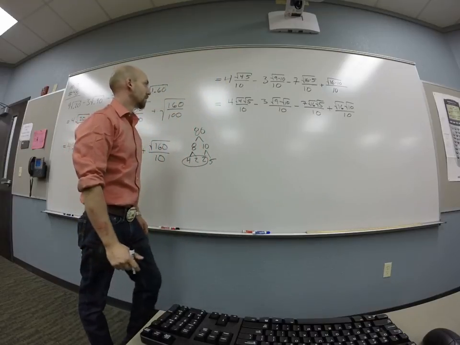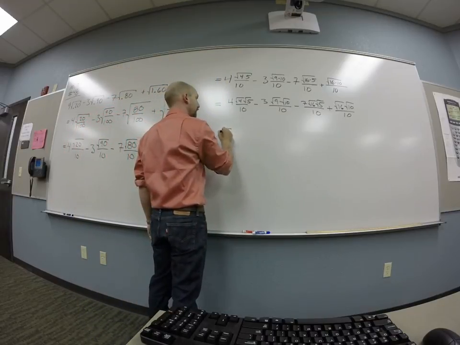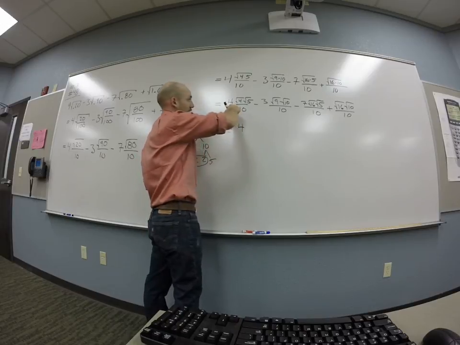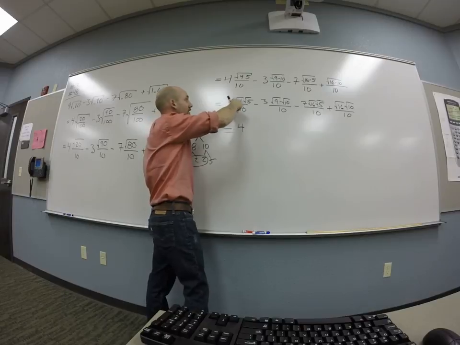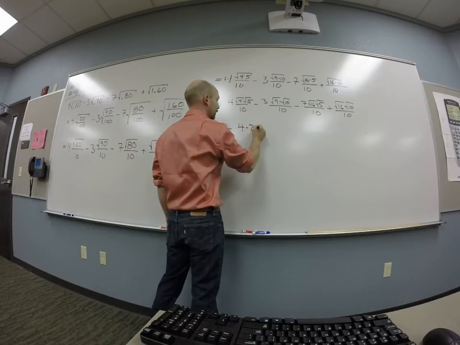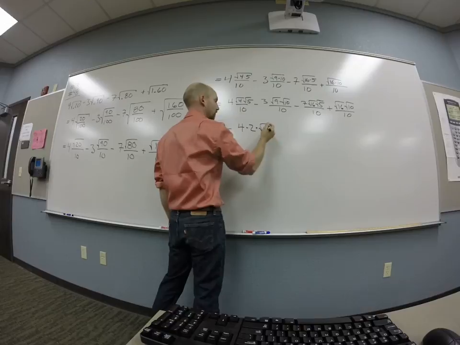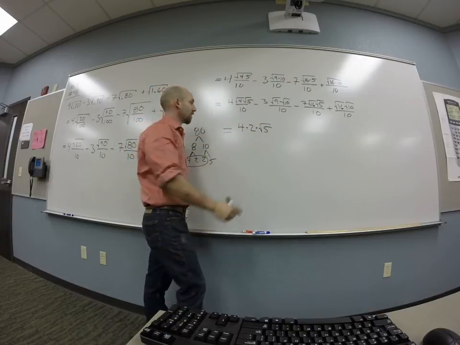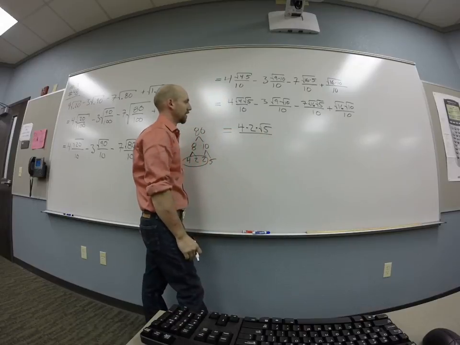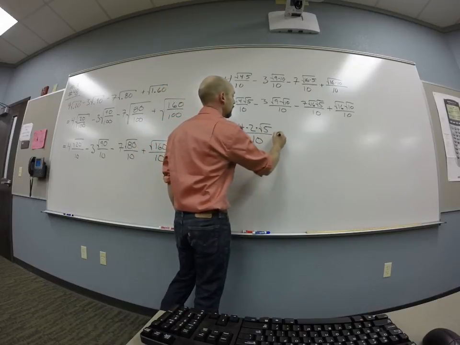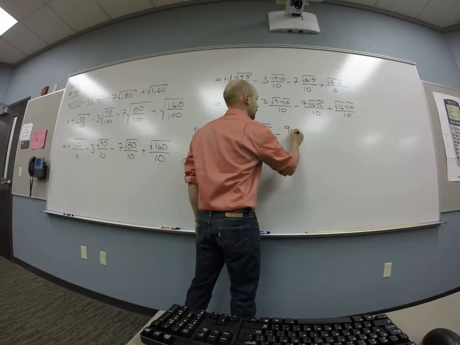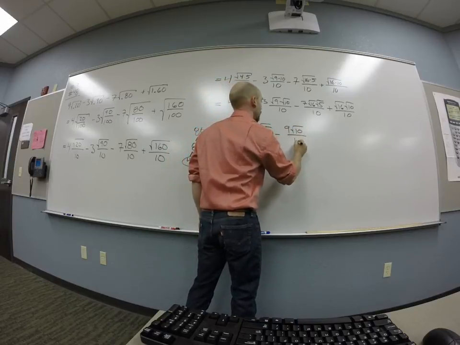Okay, now I can do some bits and pieces, right? So I got 4 times 2 times, can't do anything with square root of 5, right? And all this is over 10. Then I've got 9 root 10s over 10.